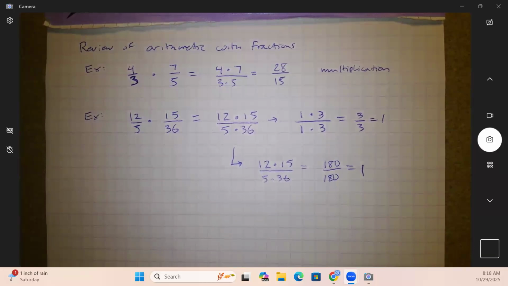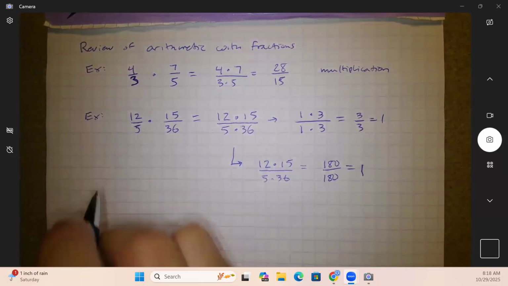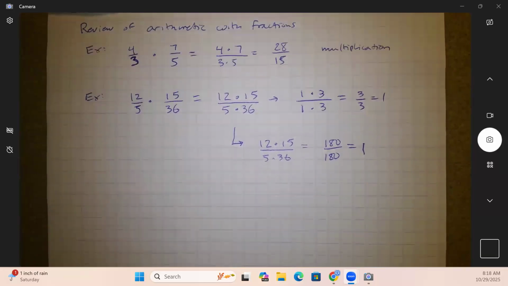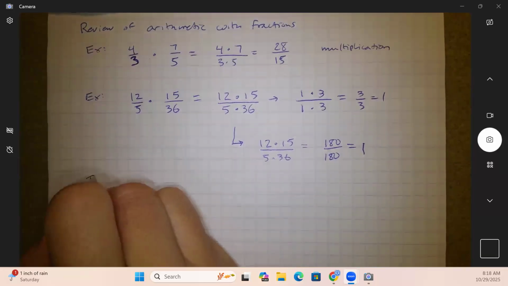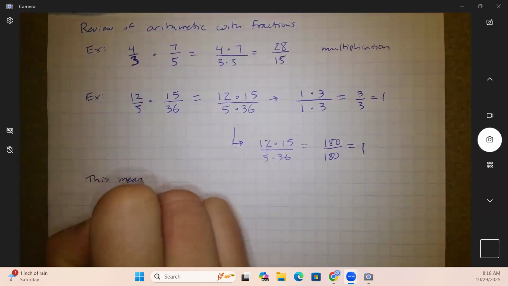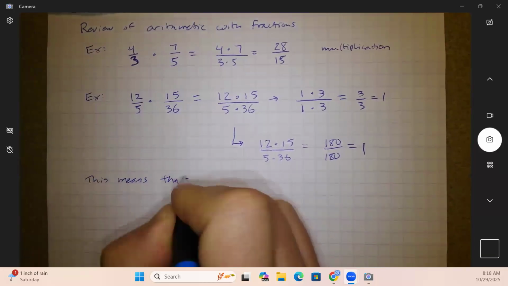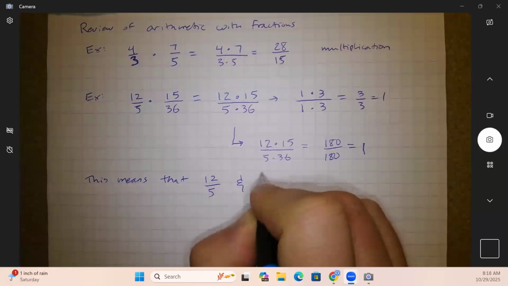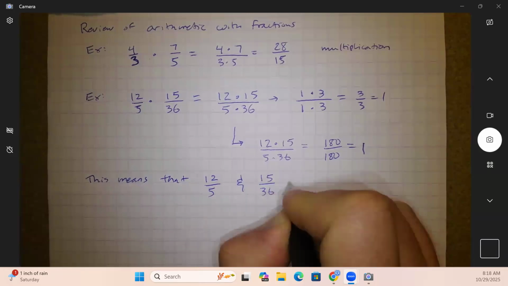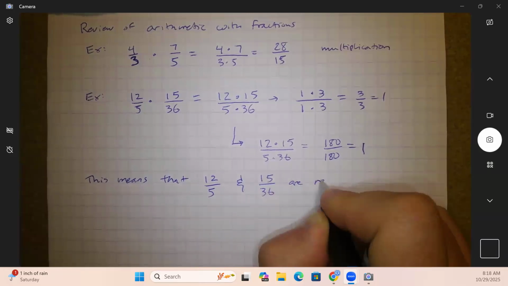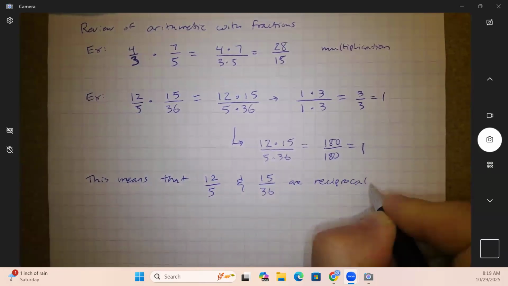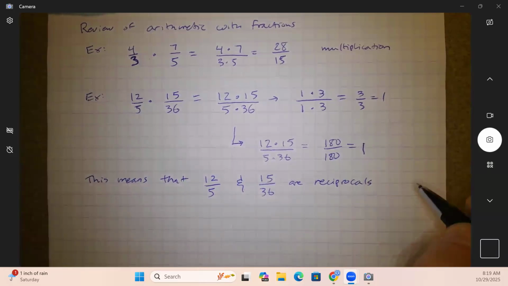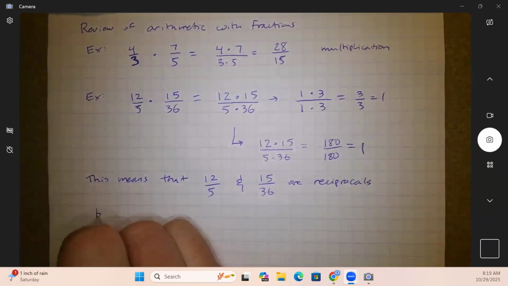And in fact, that's kind of useful information because there was something else I wanted to talk about. This means that 12 over 5 and 15 over 36 are reciprocals because they multiply to 1.